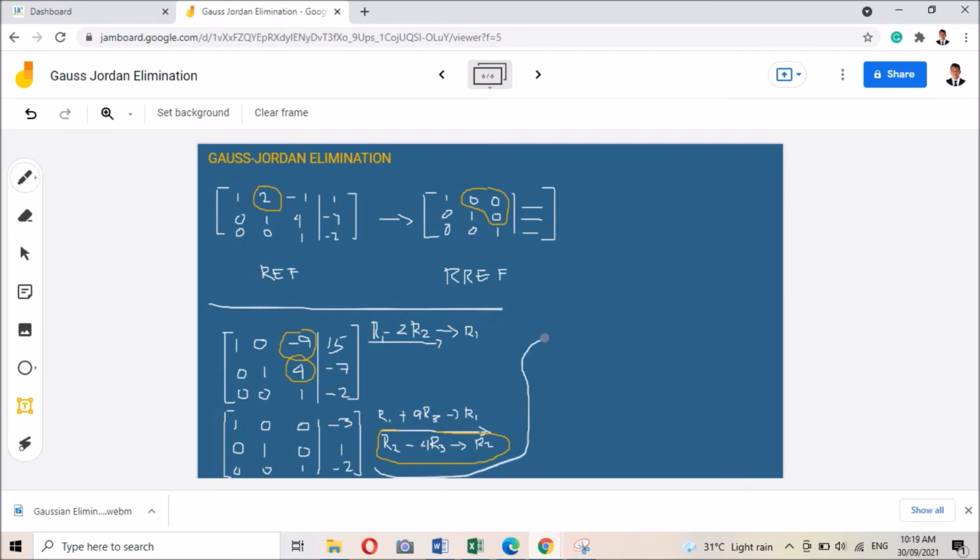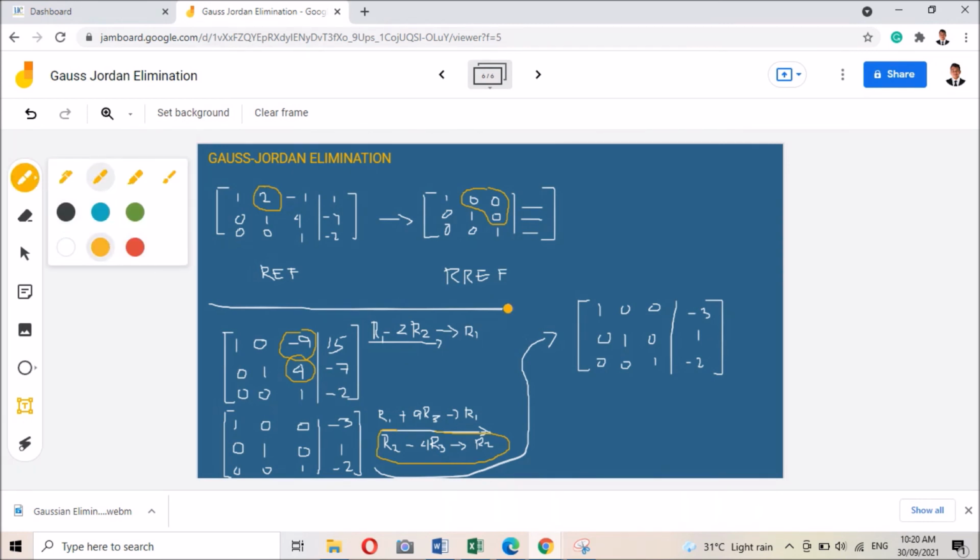Okay? In this format, this is now the reduced row echelon form, in which we can find our x, y, and z values in the last column. So you have there 1, 0, 0, and 0, 1, 0, 0, 0, 1. And in the last column, it's negative 3, positive 1, and negative 2. That is our values of x, y, and z.